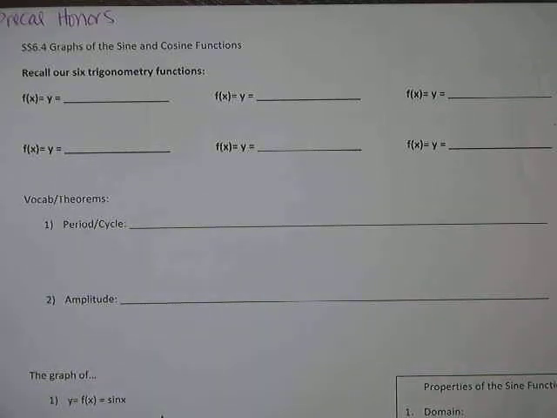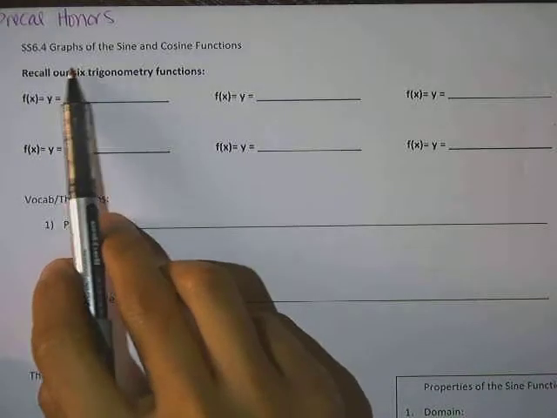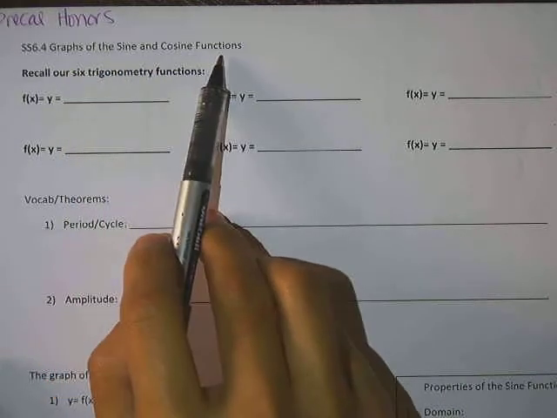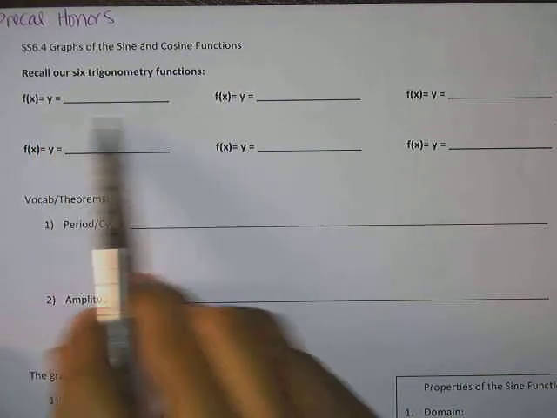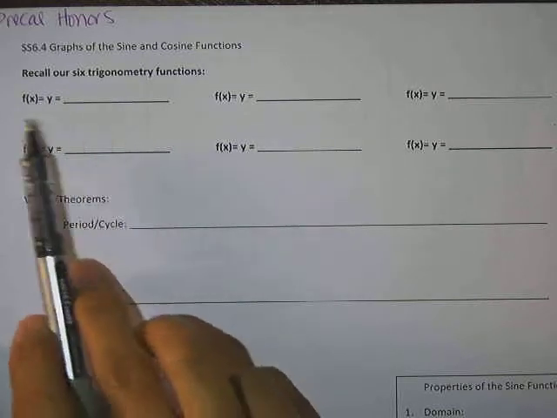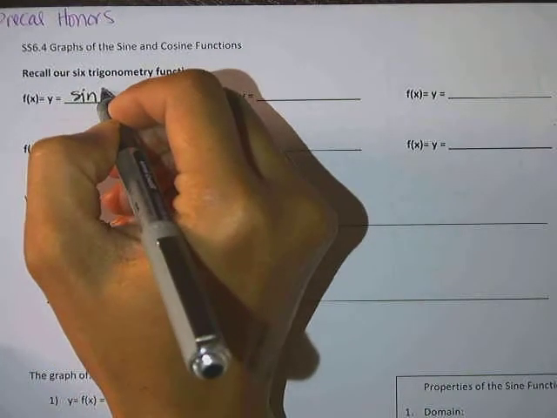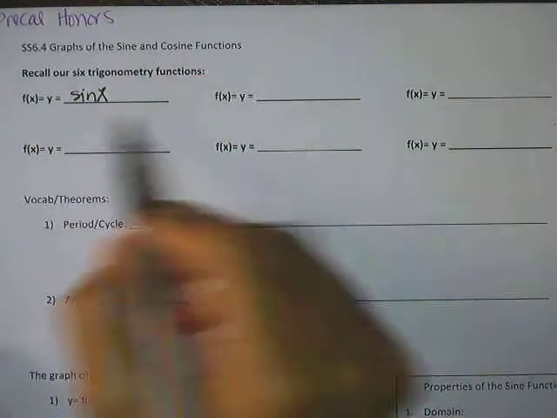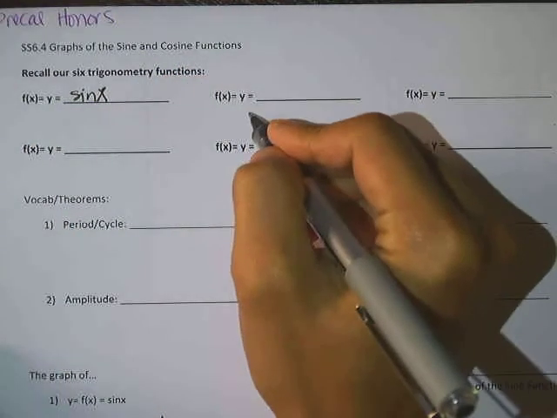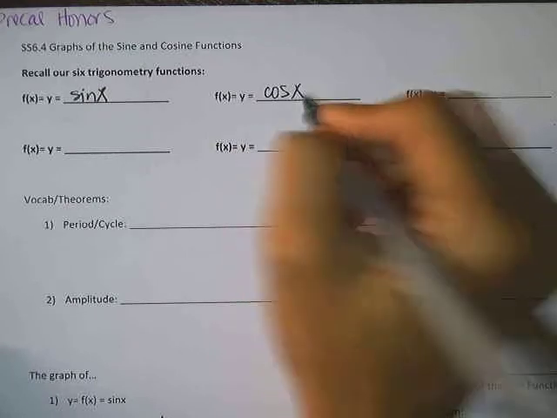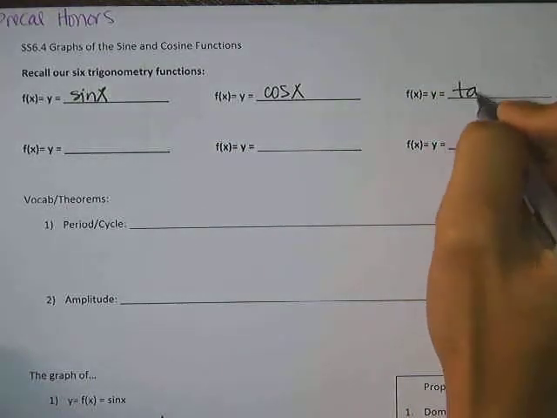6.4. We are now studying the graphs of sine and cosine functions. So let's remind ourselves of the six trig functions. F of x equals y, sine of x. F of x equals y, which is cosine of x, and y equals tangent of x.